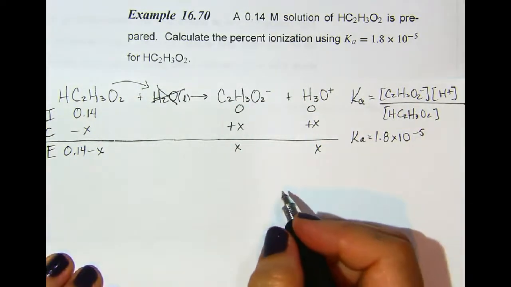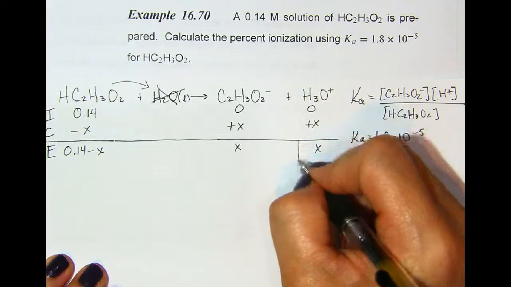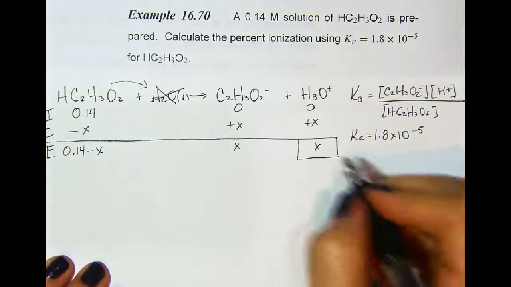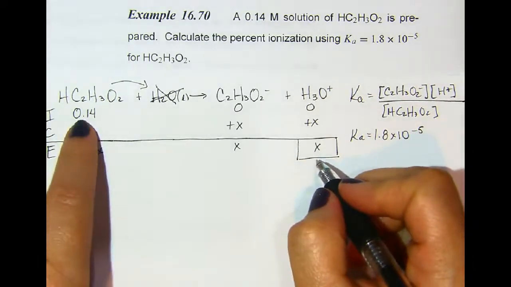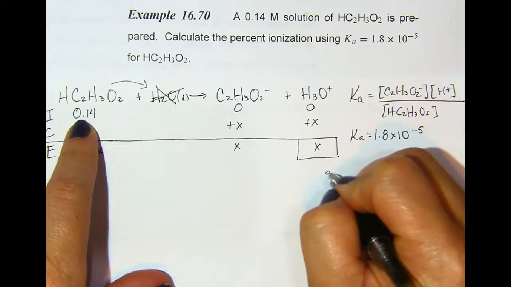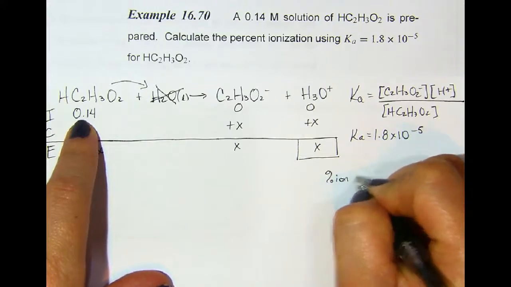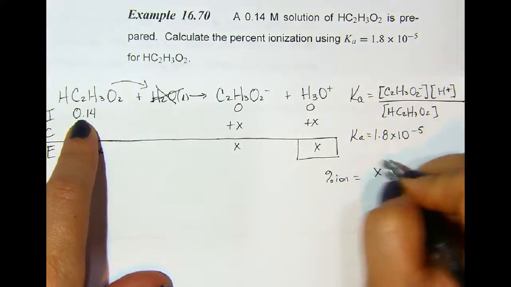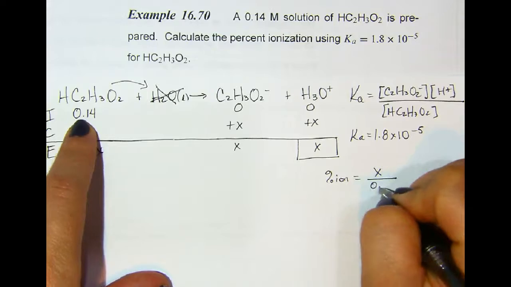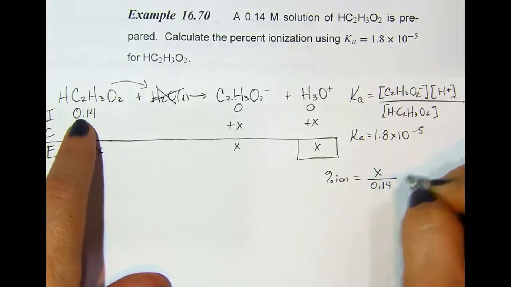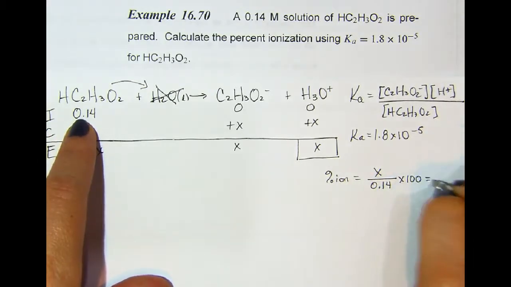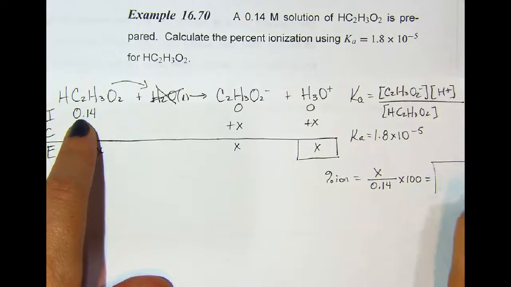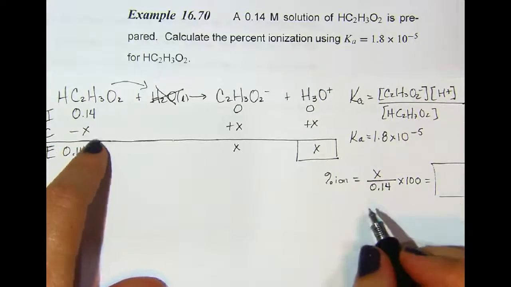So we want to solve this for x, first of all. And then once we know what x is, since this was our initial amount, the percent ionization is going to be equal to my value for x divided by the initial concentration, 0.14, times 100. And then that answer is going to be my percent ionization.